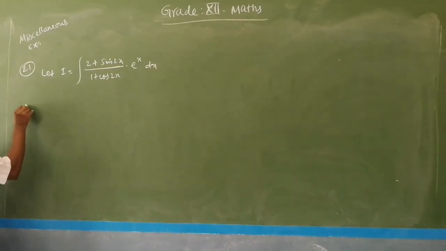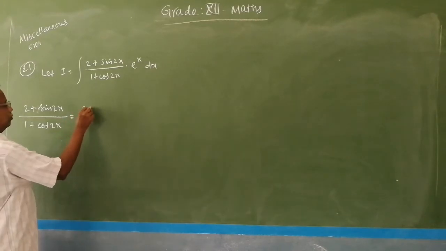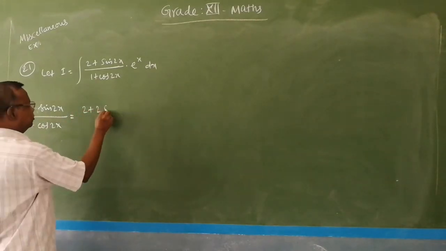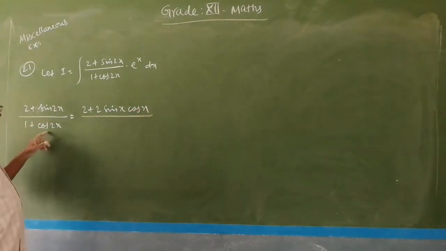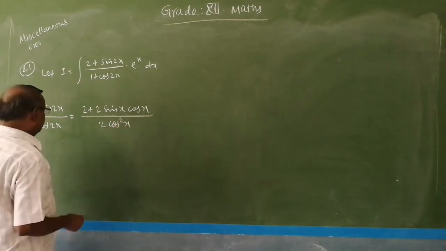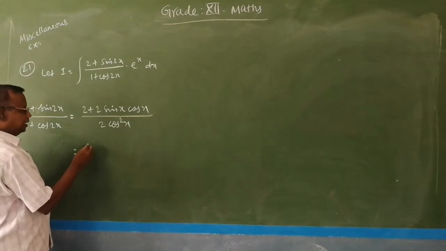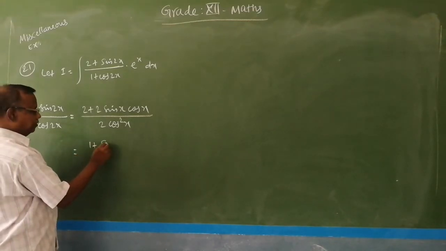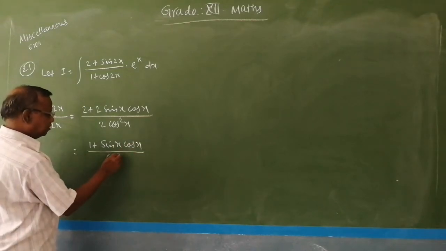Now, (2 plus sin 2x) divided by (1 plus cos 2x) equals: 2 plus sin 2x becomes 2 sin x cos x, divided by 1 plus cos 2x, which means 2 cos square x. So, eliminating 2, we have (1 plus sin x cos x) divided by cos square x.